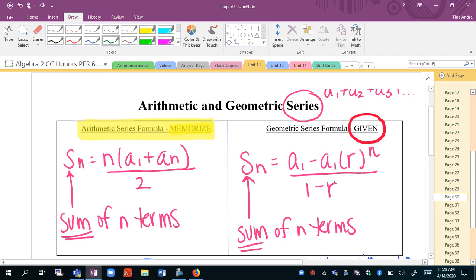So basically, these two formulas add up the number of terms in an arithmetic or geometric series, similar to a summation. A summation will add up terms in any type of series. These two only work for arithmetic, meaning when you're adding a certain number to each term, or geometric, when you're multiplying a number to get to each term.